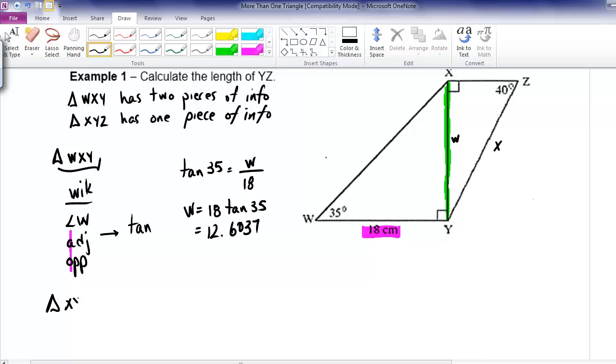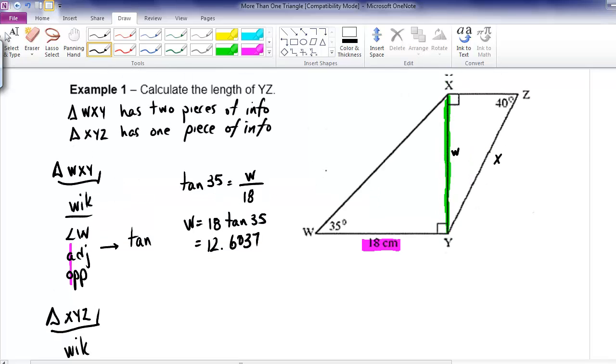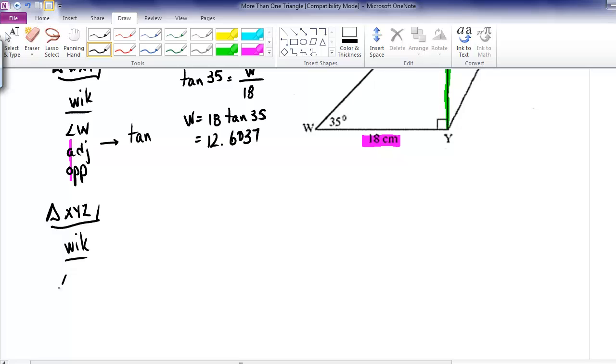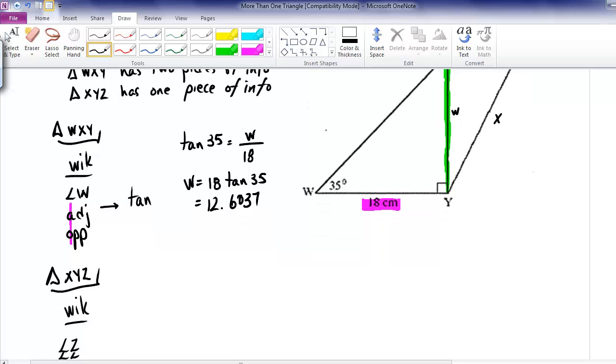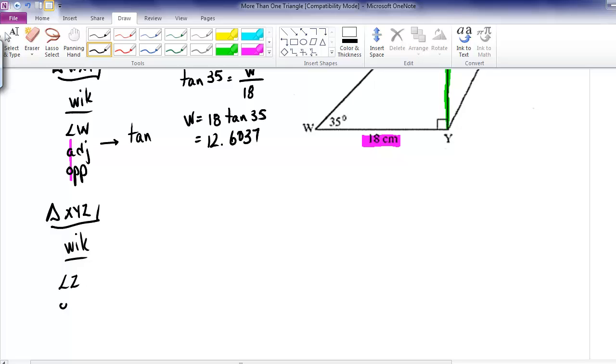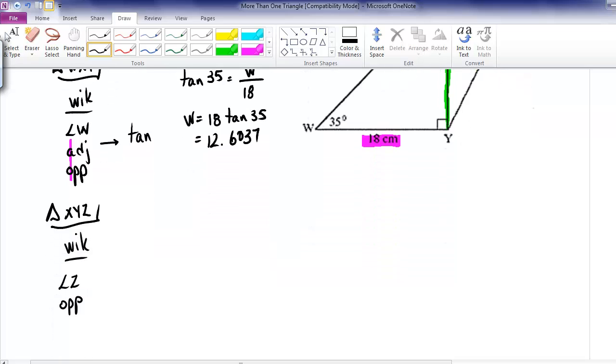Triangle XYZ. Okay, well, what do I know? Well, I know angle Z. Angle Z is equal to 40 degrees. I know the side opposite angle Z, that's the one we just figured out. And I want to know x, which turns out to be the hypotenuse of that right triangle.